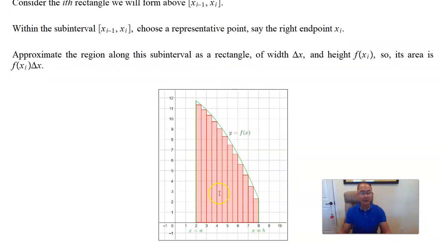Within each sub-rectangle, we're going to choose a representative. So to keep it simple, I am choosing the right endpoint of each sub-interval as my representative. Okay, so the height of each rectangle is determined by xi, so that's f of x1, f of x2, f of x3, and so on.